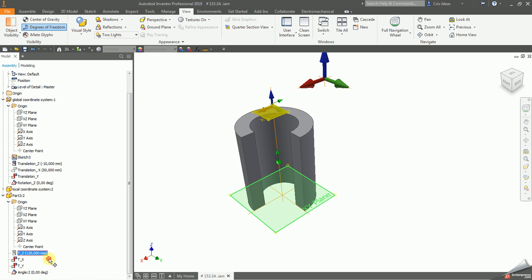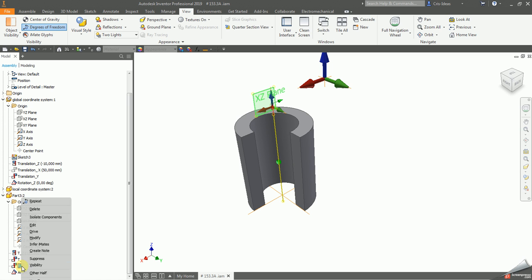If I unsuppress that and suppress Y instead, currently it becomes even more strange, because Y translation, the same as Z translation, is independent of the X translation.